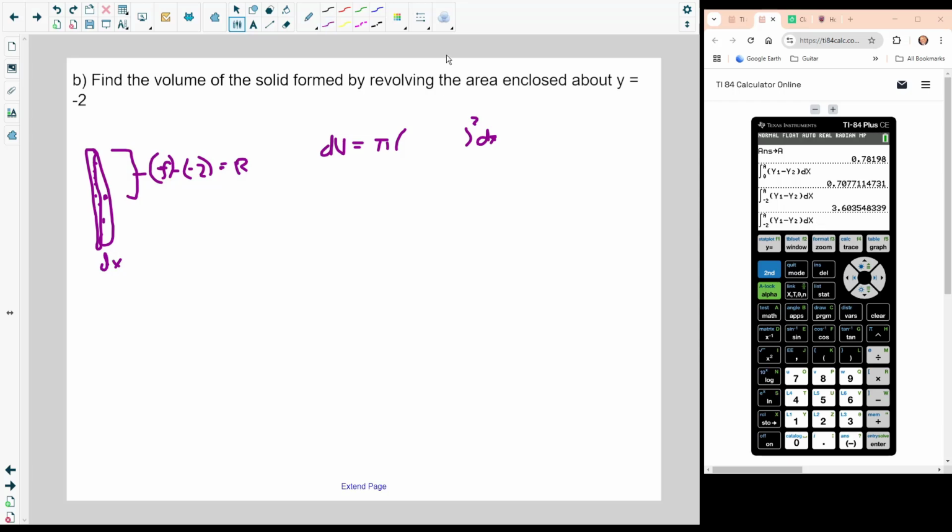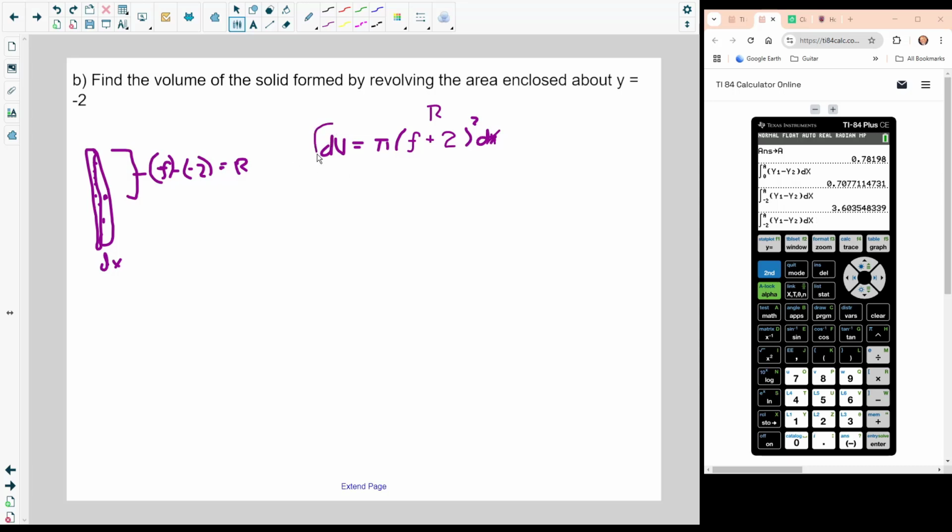And in here is the radius, my r. My r in this case is F minus -2, so I'm just going to write F plus 2. But remember, it's minus the lower function, it's just that there's a double negative here. So it's really F minus -2, squared.